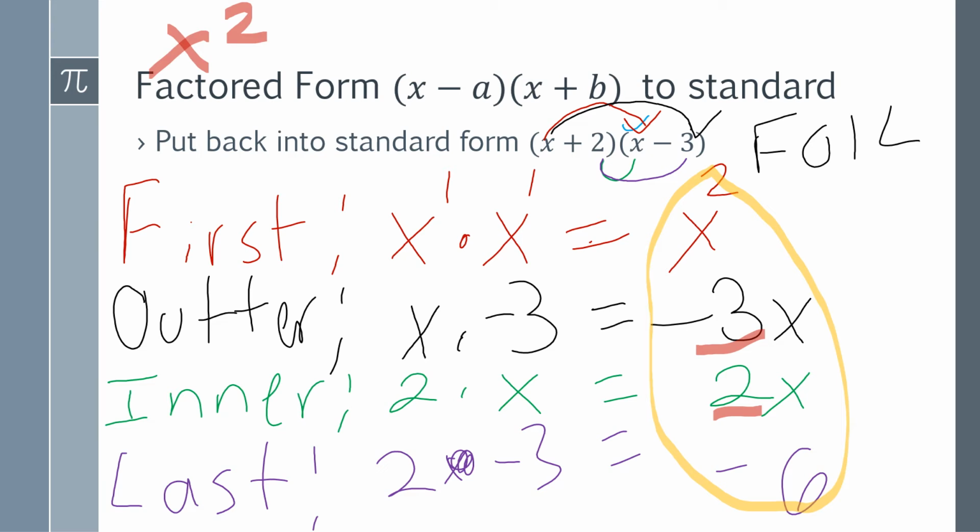Do I owe you? Yes. How much do I owe you? 1. And because I owe you, being a negative sign, so that's going to be a negative 1x. Or you could say negative x. It does not matter. And 6 is by itself, negative 6, and that's how you do it. Just like that, y'all. Exactly just like that.